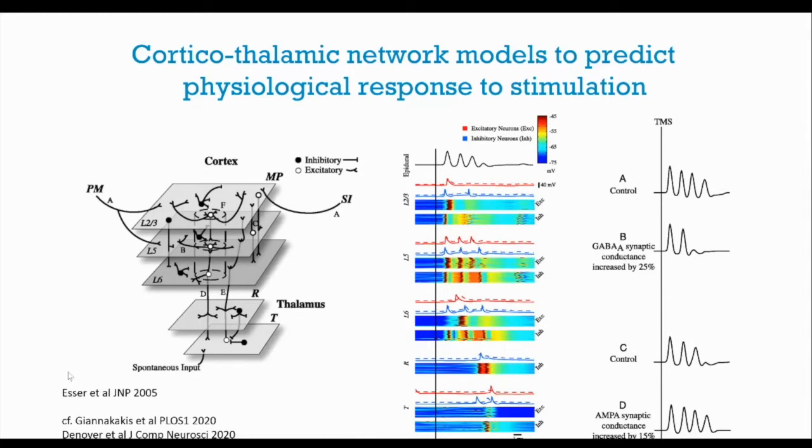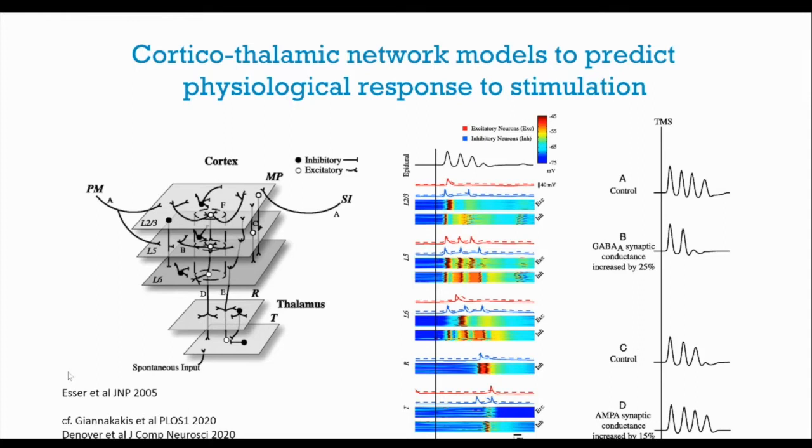What's interesting here was that the model was able to faithfully replicate the occurrence of the direct and indirect waves that we know can be measured epidurally when we stimulate primary motor cortex.